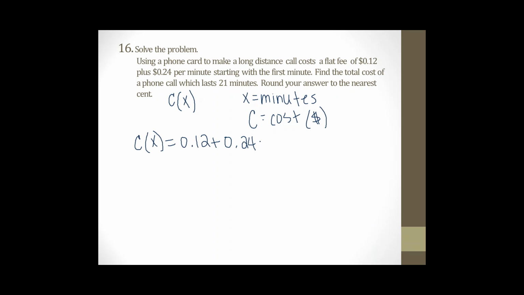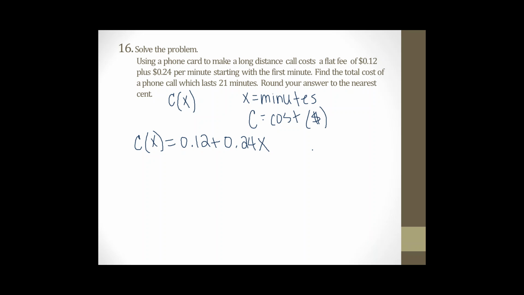So we're going to multiply 24 cents times X and then add that to 12 cents. So basically, if it was 1 minute, it would be 12 cents plus 24 cents times 1. If it were 2 minutes, it would be 12 cents plus 24 cents times 2. So this is my equation modeling the situation.